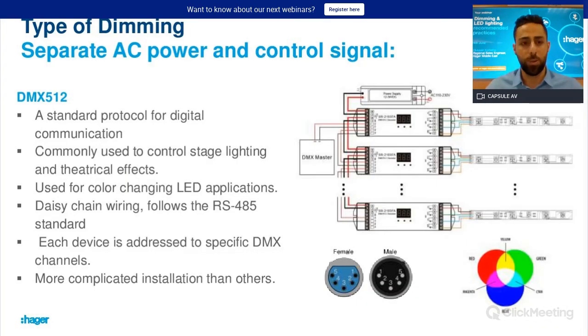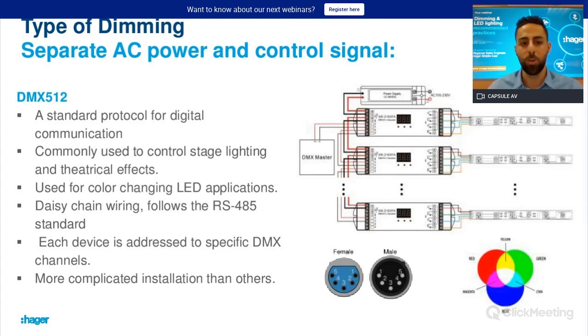The third one in the separate AC power and control signal is the DMX, which is the abbreviation, I think, of digital multiplex. 512 is related to the number of channels. Some of the DMX drivers have 3 channels, 4 channels, some have 12 channels, so it depends on the lighting components.